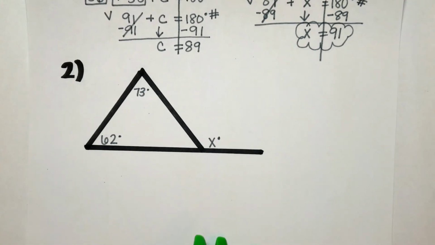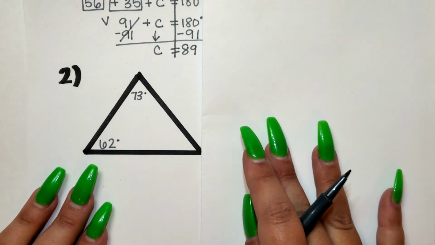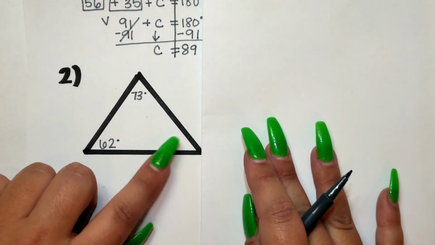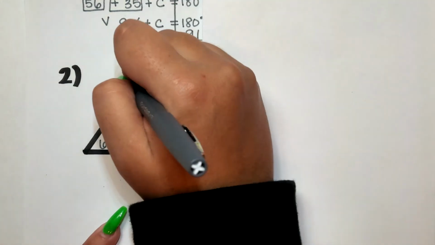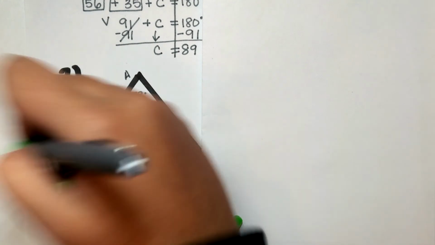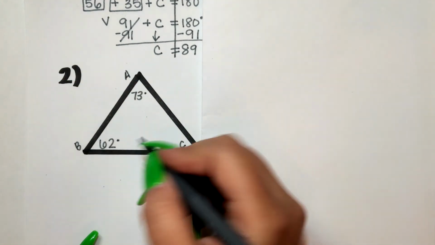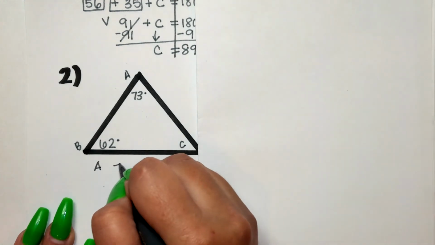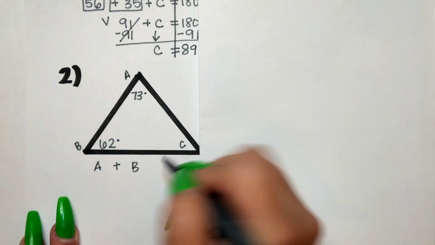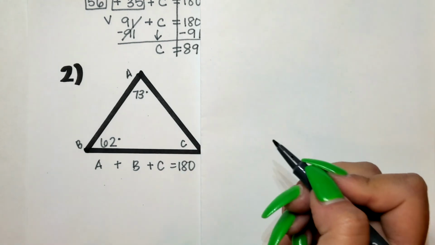So first, since I'm looking for my outside angle, I am going to cover it up. And I'm going to solve for my missing interior angle, my missing angle on the inside. So I'm going to label my angles A, B, and C. So I have 3 angles, A plus B plus C equals 180.